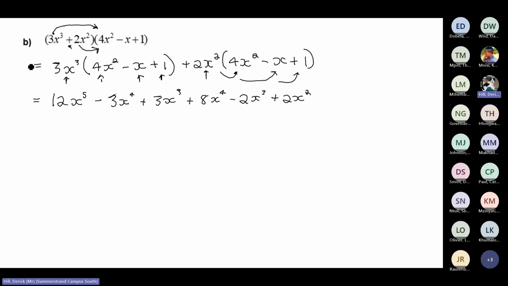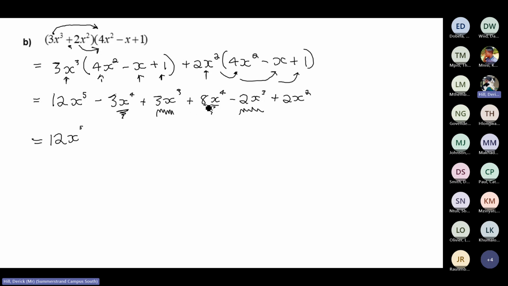All right, now we can see, is there any simplification we can do? If we have a look here, we've got an x to the 4th power and an x to the 4th power. Then here I also have an x cubed, and here I have an x cubed. So I can do a bit of simplification. Our x to the 5th power is going to stay like it is. Then we've got our minus 3x to the 4th plus 8 times x to the 4th.